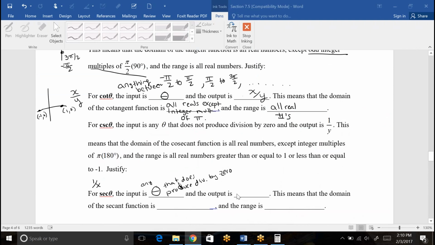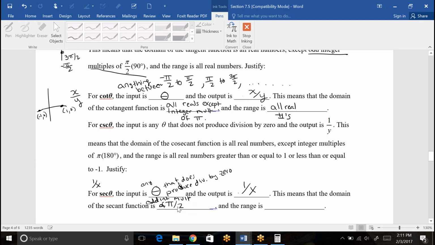The output is going to be the 1 over x. The domain of the secant function then would be, it's related to the tangent one, so it's the odd integer multiples of pi over 2. It's really hard to write this in here.